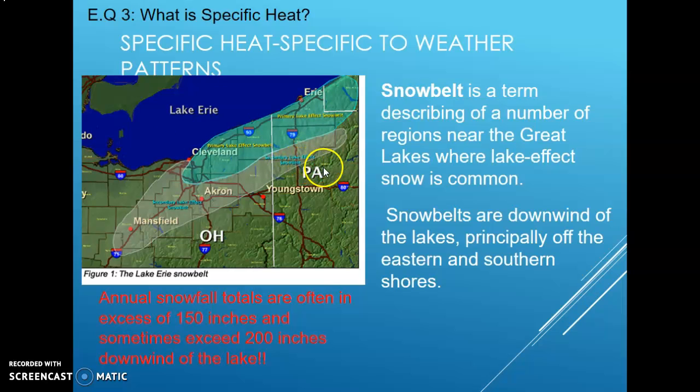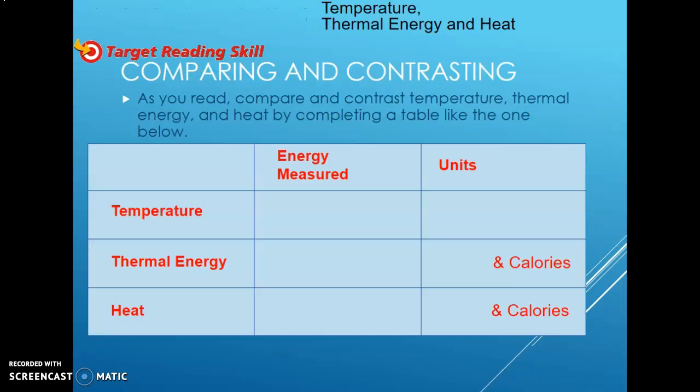Over here is Erie. Here's Erie, here's Cleveland, and up here you would have Buffalo and Syracuse, New York. They get tremendous amounts of snowfall, and that is all due to uneven heating and cooling here on Earth.